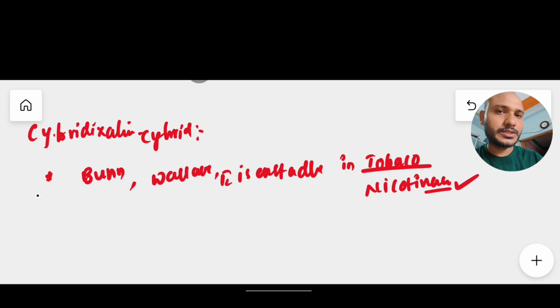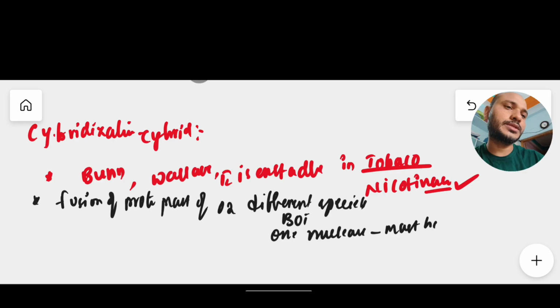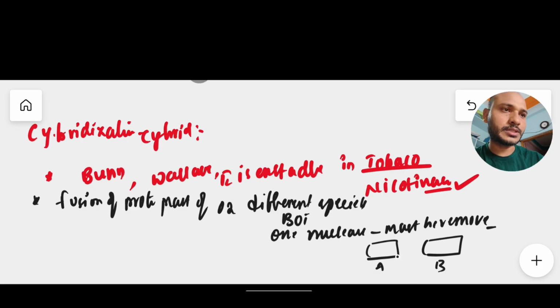In the cybridization process, there is fusion of protoplasts of two different species. But the major difference here is that only one nucleus must be removed. It means the fused protoplast contains only one nucleus instead of two nuclei as in somatic hybridization. For example, if you take plant species A and plant species B, from any one of the parents the nucleus must be removed.